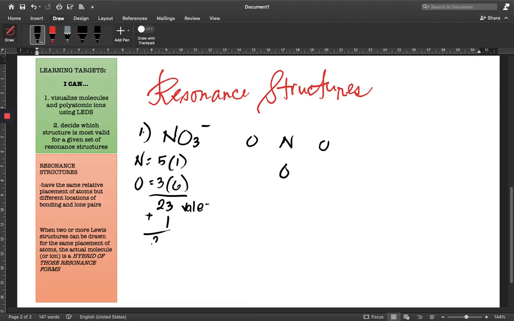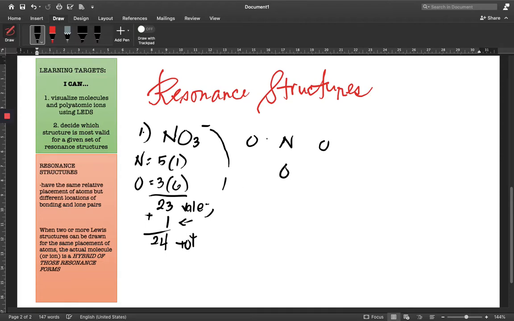So therefore, the total number is 24. Let me write it down here for it to be very clear and you will not forget later. You added 1. If it's positive, then the operation is subtraction, minus 1. In this case, it is plus 1 because there is 1 more valence electron. So 24 valence electrons in total.